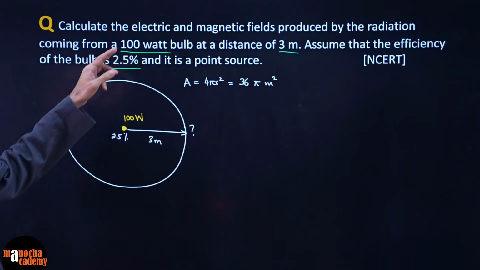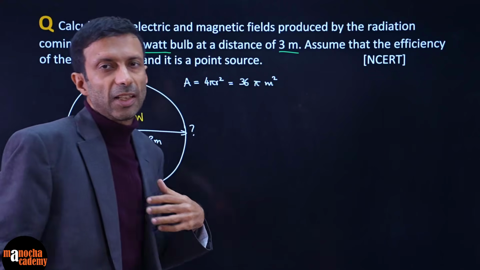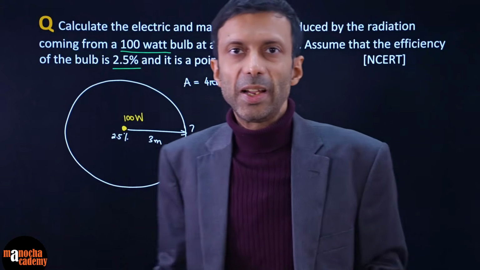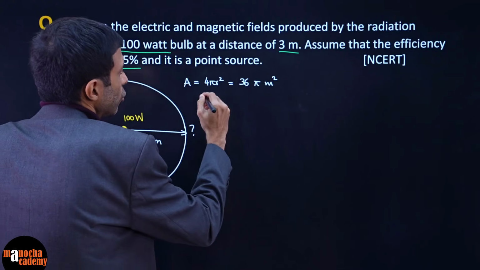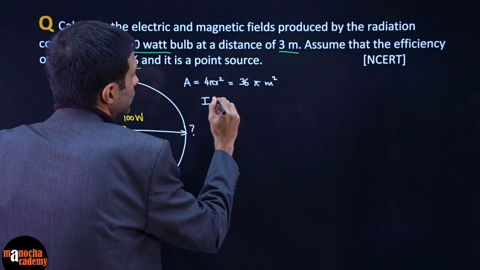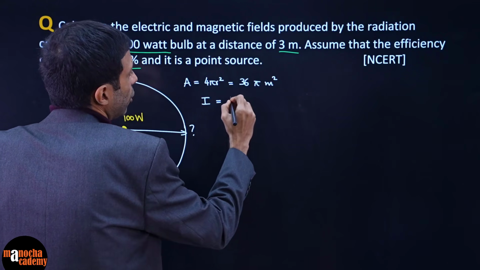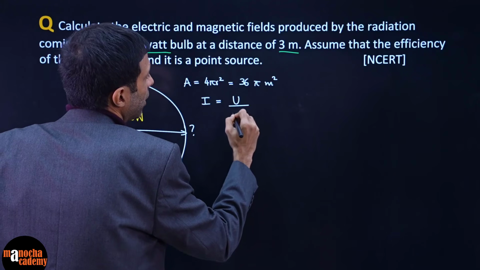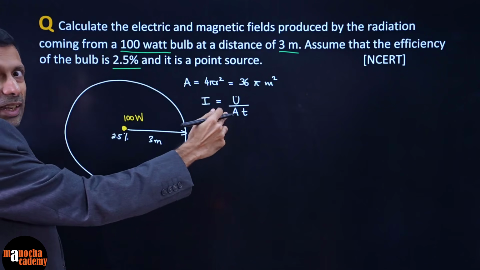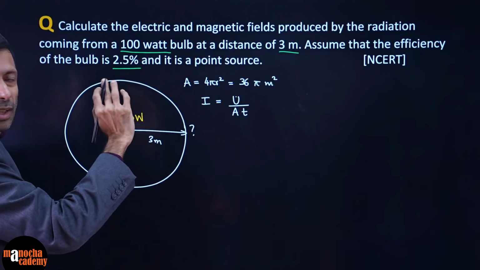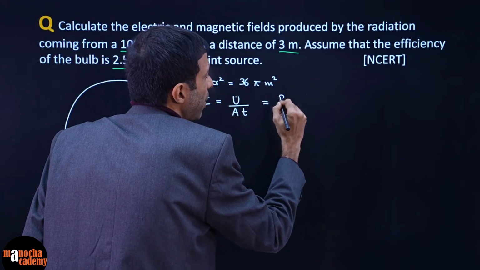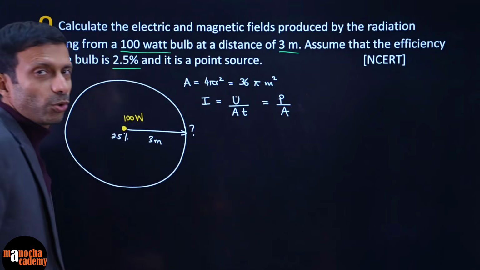Now 100 watt bulb, 2.5% efficiency. That means most of it is being wasted, right? Only 2.5% is being converted to electromagnetic waves. So we can say that the intensity, which is basically your energy per unit area per unit time. Now U by T, energy per time, is nothing but power. They have given us a 100 watt bulb. So do you guys agree that this is nothing but power by area? Yes or no?